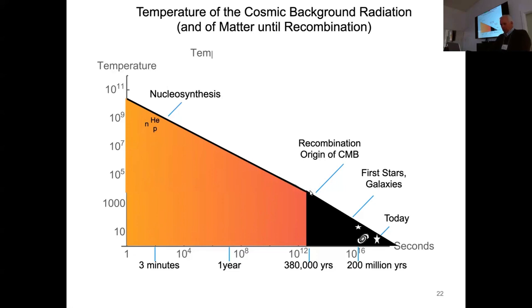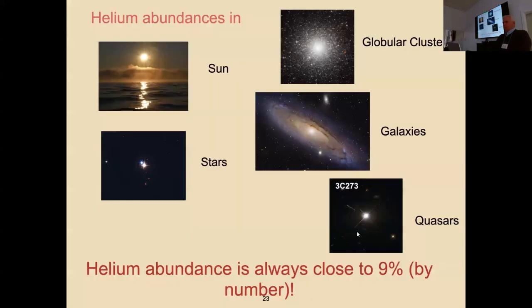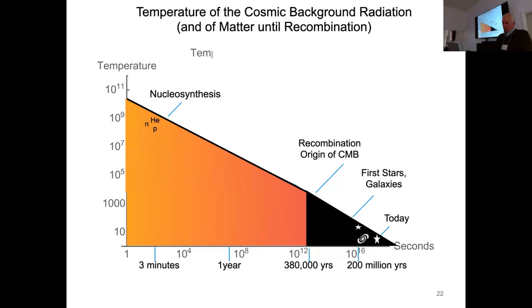And by the time it's 380,000 years old, we get the recombination and the separation of the cosmic microwave background from matter, which we talked about last time. And that's what we still see. And then when it's 200 million years, we start to form the galaxies. So that's a nice history of the universe. I actually calculated this, and I used an approximation, but it's very, very accurate. So okay.